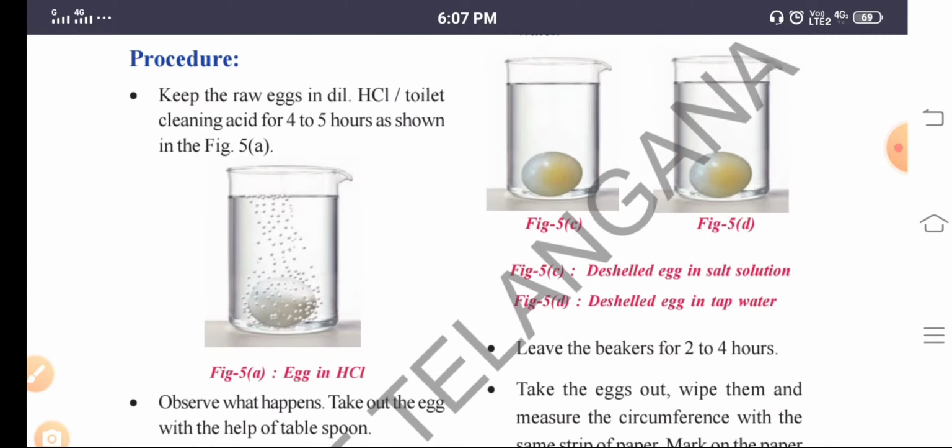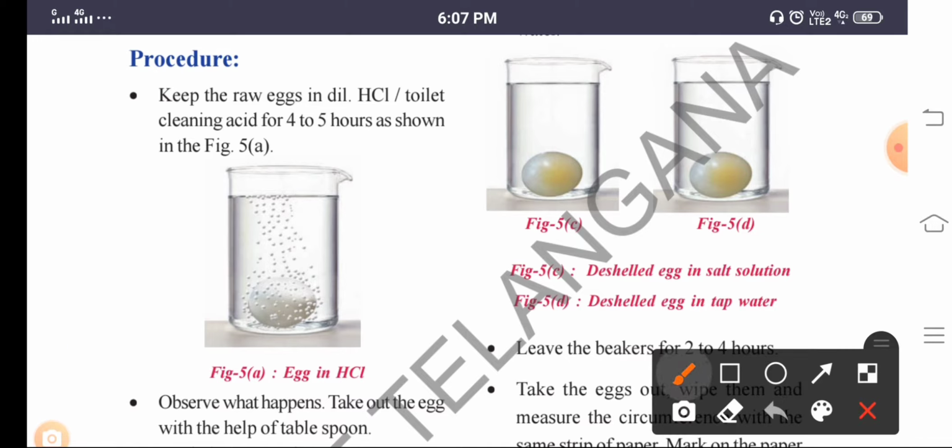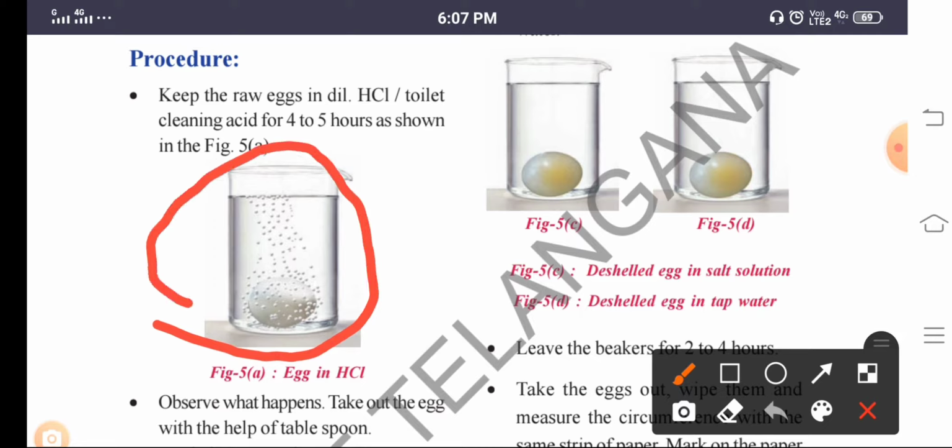Now the procedure. Keep the raw eggs in diluted HCl or toilet cleaning acid for 4 to 5 hours as shown in the figure. So the first point in this procedure, we have to take the beaker and pour the HCl into a beaker, or instead of HCl, toilet cleaning acid, that is phenyl, also we can add.